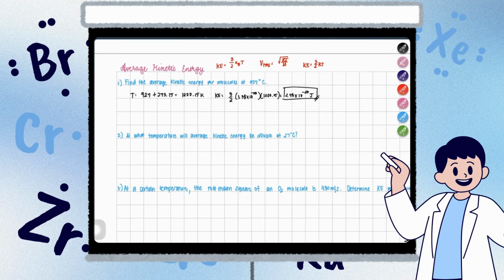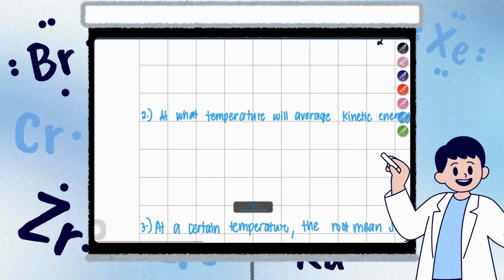Next, at what temperature will average kinetic energy be double that at 27 degrees Celsius? So we have to find the kinetic energy of a gas at 27 degrees Celsius first. So let's convert 27 degrees into Kelvin. So we will have 300.15 Kelvin.